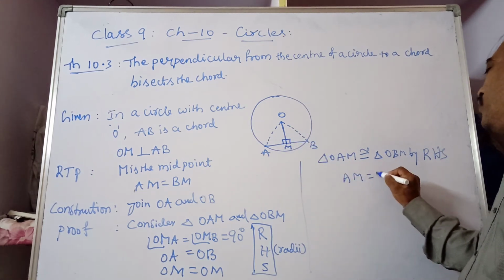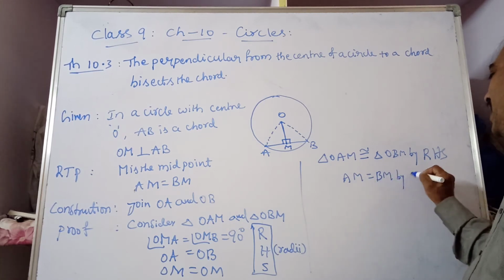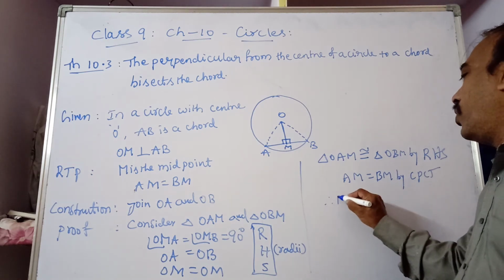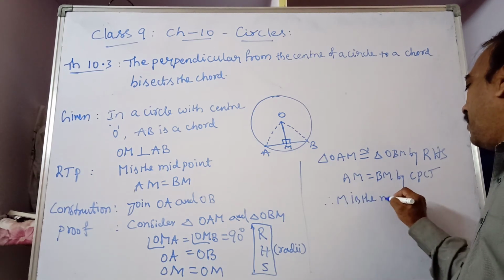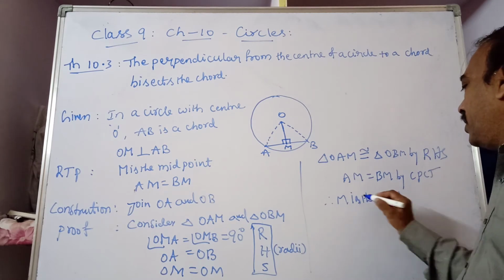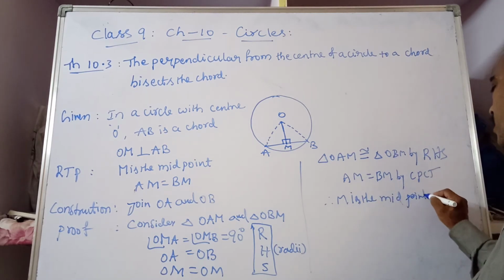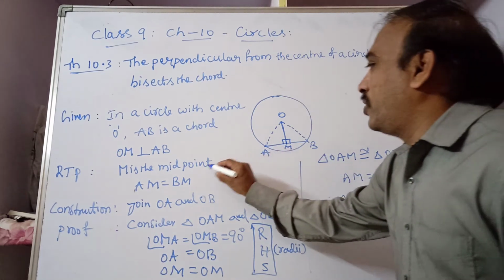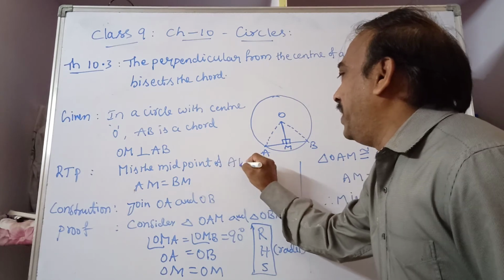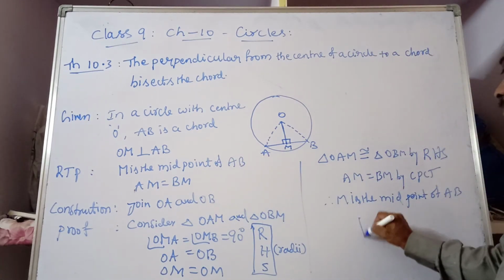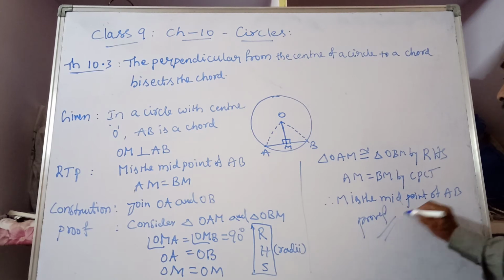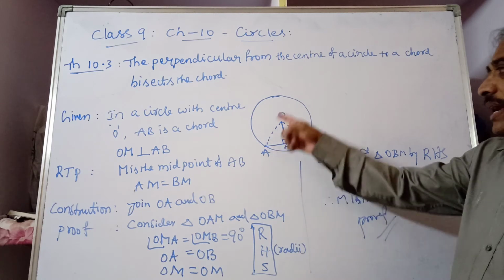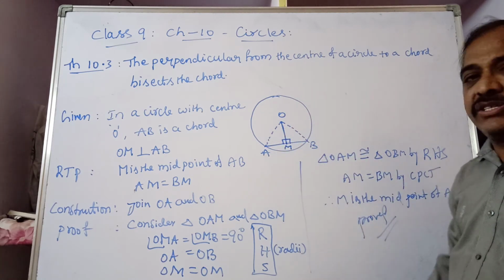AM is equal to BM by CPCT, corresponding parts of congruent triangles. Therefore, M is the midpoint of AB. Hence, proved. Understood? Which criteria we are using? RHS criteria. OA, OB are radii. Is it clear, students? Right.